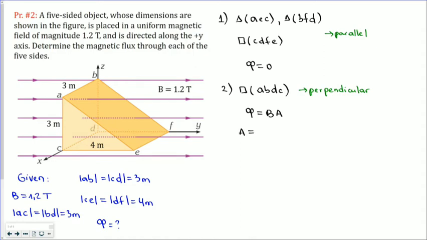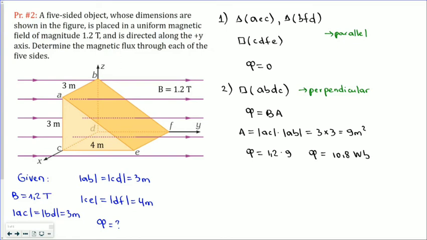The area of the parallelogram, we just need to multiply the sides, the side AC by AB, and 3 times 3 is 9 meters squared. So the flux will be equal to the magnetic field, which is 1.2, multiplied by 9, and the flux is equal to 10.8 Webers.